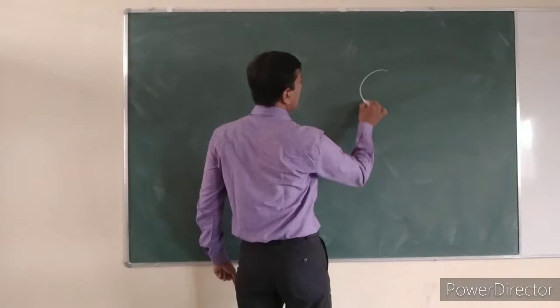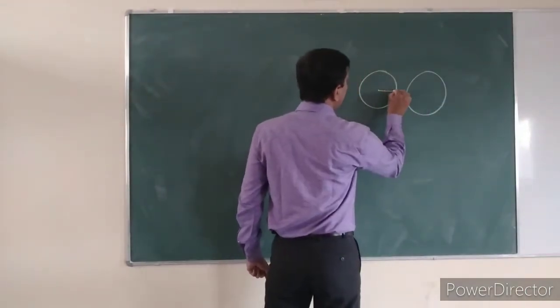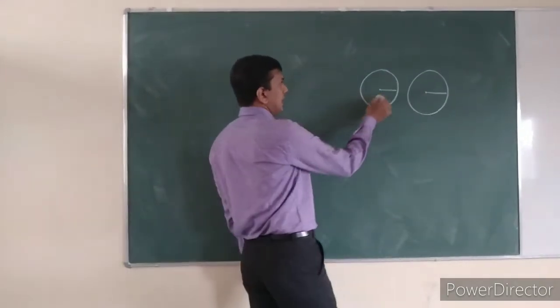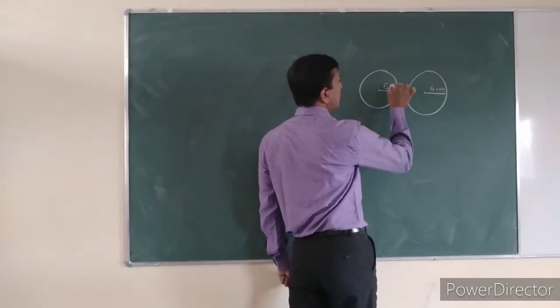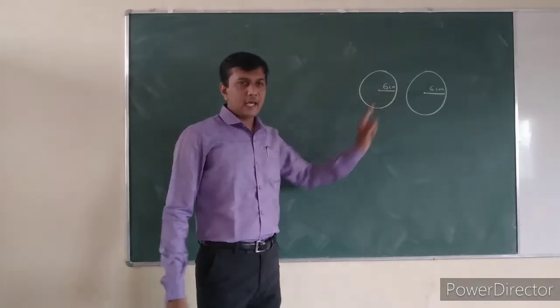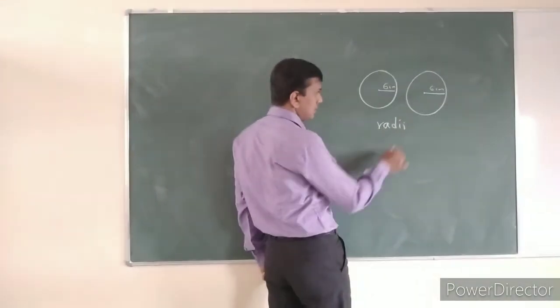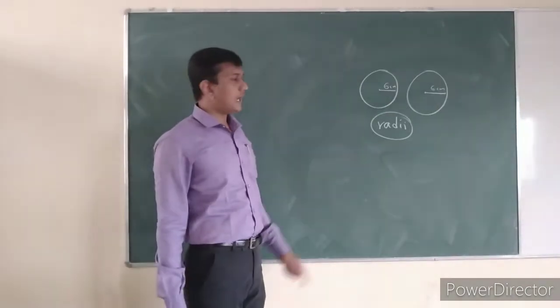If I take 2 circles with the same radii, this circle has a radius of 6 centimeters and this is also 6 centimeters. Radii is the plural form of radius.